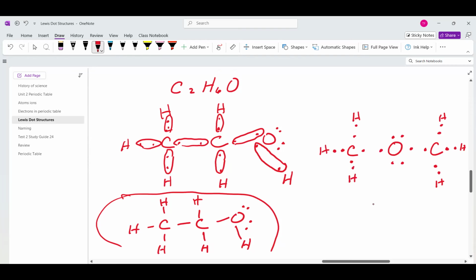Okay. Now we have the oxygen in the middle. Connect everything with one bond to start with.